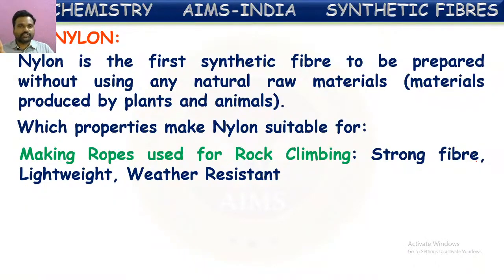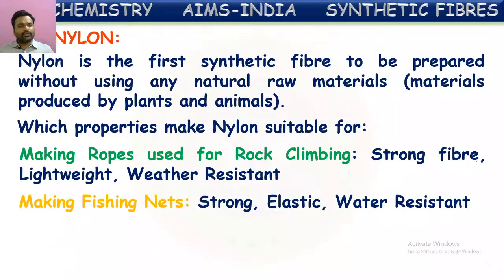So, these properties made nylon suitable for these ropes used for rock climbing, and even parachute ropes are made of nylon because it is very strong. And it is used for making fish nets also. Why? Because, as we told already, it is a strong fiber, elastic, and water resistant. So these properties made nylon suitable for fish nets.